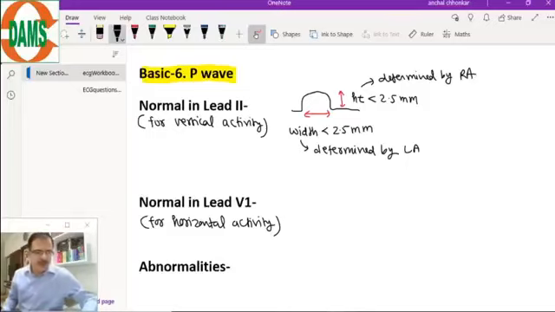Now coming to the P wave, and starting with what we will do, first we'll discuss the normal descriptions, then we go to the pathologies. So first is the P wave, normal description of the P wave, that is in lead 2 for the vertical activity. And why we are picking the lead 2? Because lead 2 is best to study.